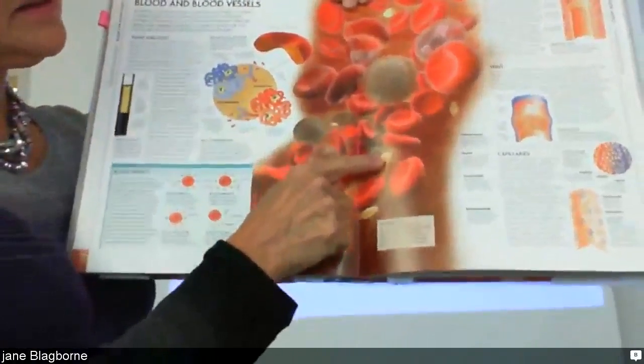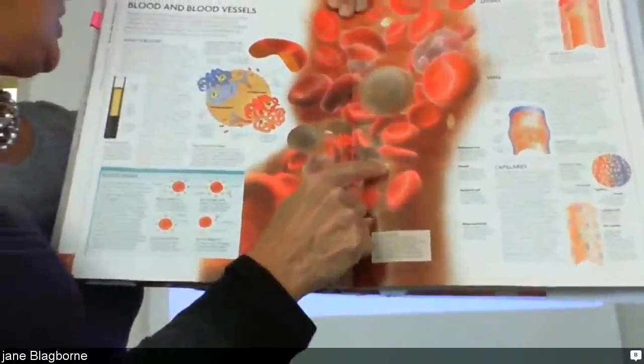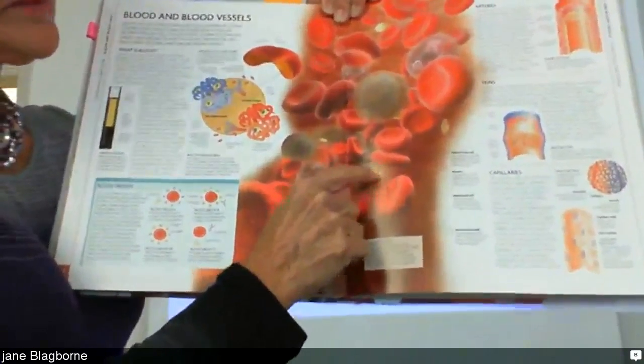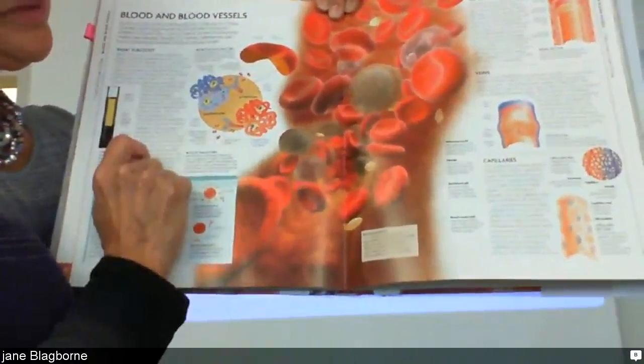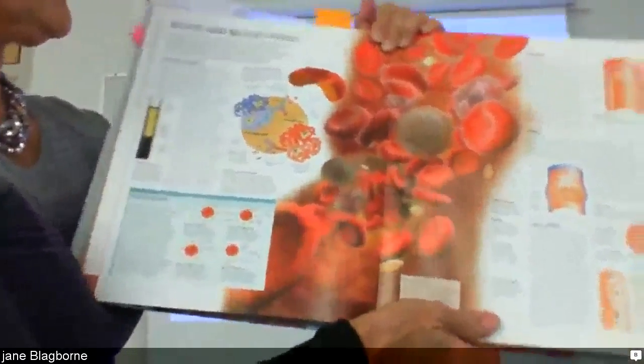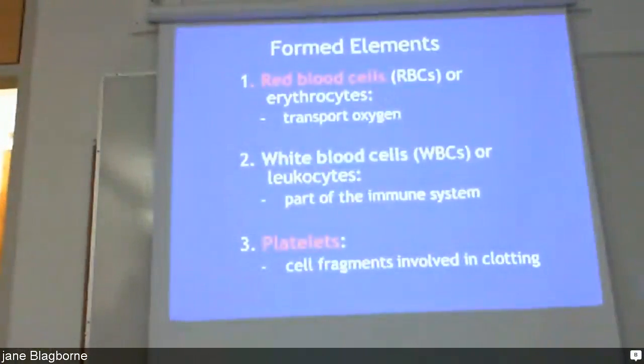And these little round yellow things are the platelet fragments that are in the bloodstream as well. So that's kind of what they look like. And I'm just going to show the other class members what they look like.